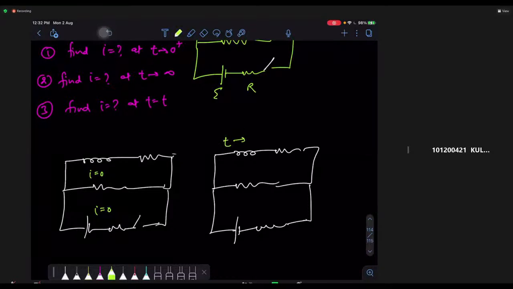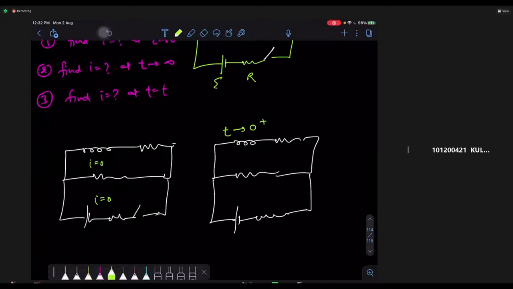If I just close the switch, why is the current going to be 0? Current is going to be 0 because an inductor doesn't like a jump in the current. So in the inductor branch, your current is not going to jump.